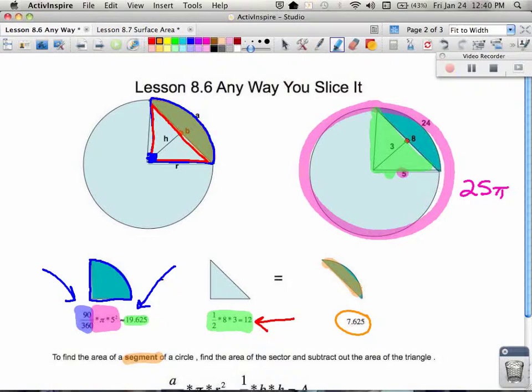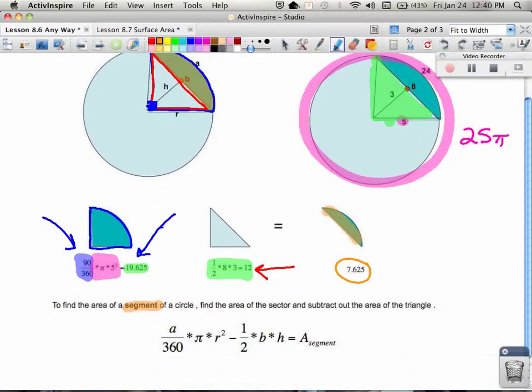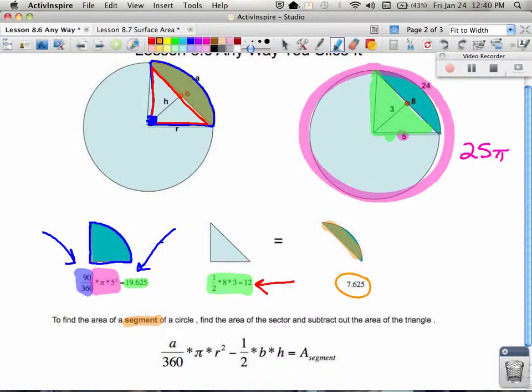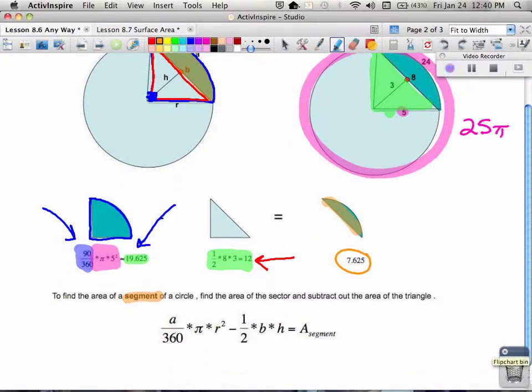So the rule is, when you're finding the area of a segment, take the area of the sector, which we learned in the previous slide, subtract out the area of the triangle, and left over is the area of the segment. Down below I have kind of a generalization.